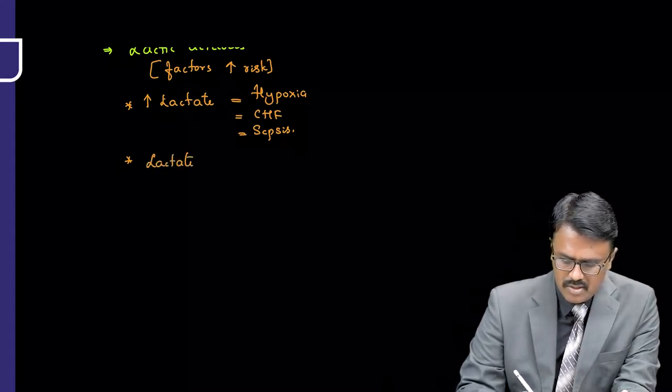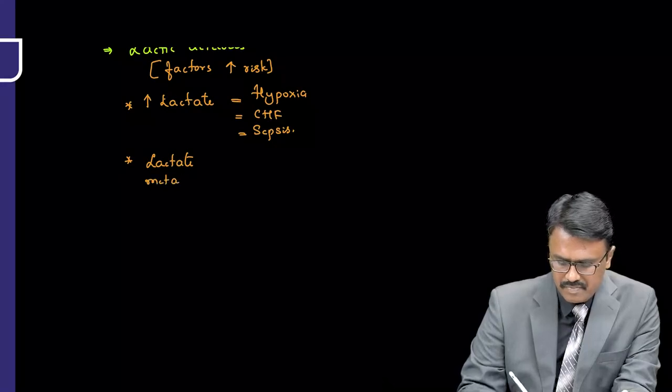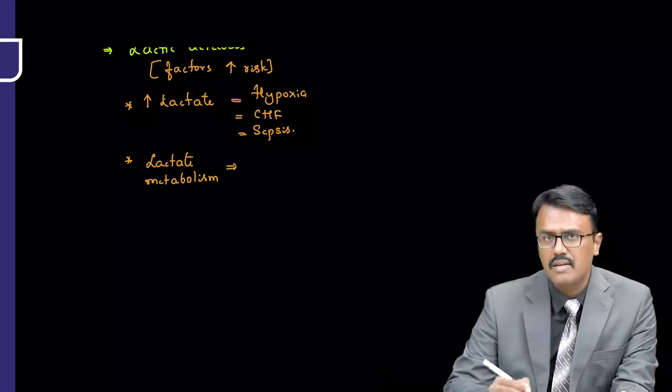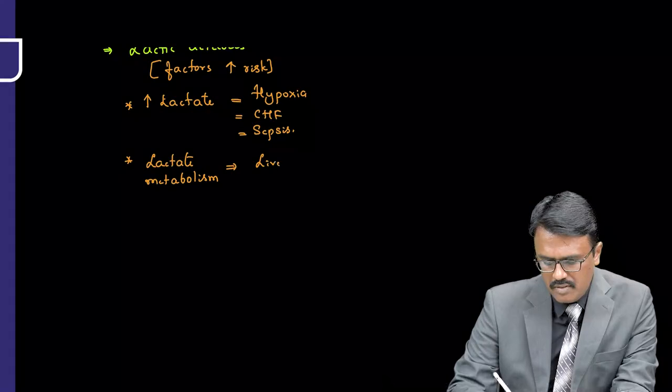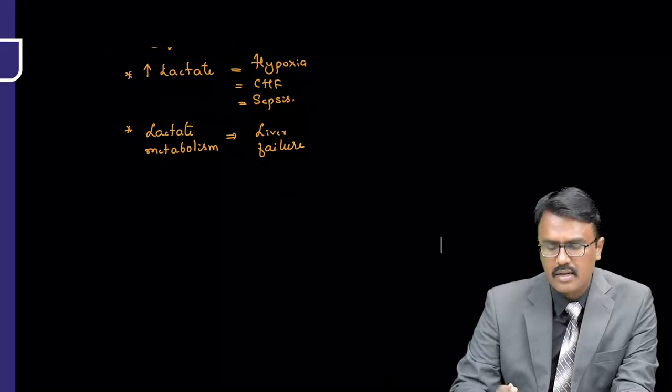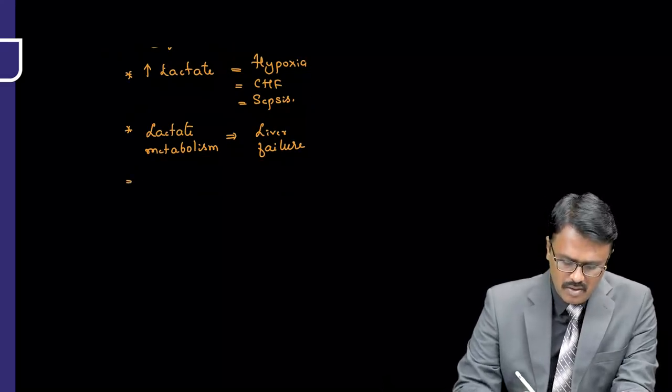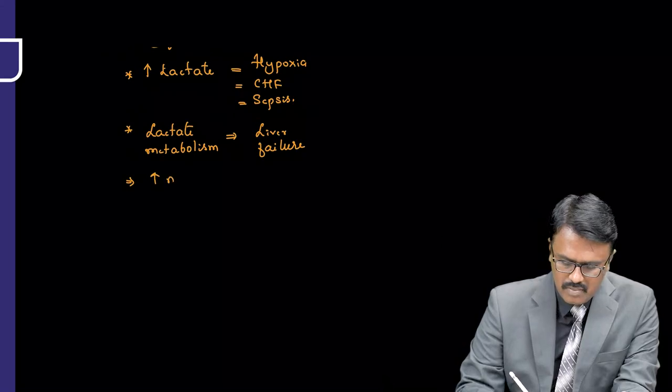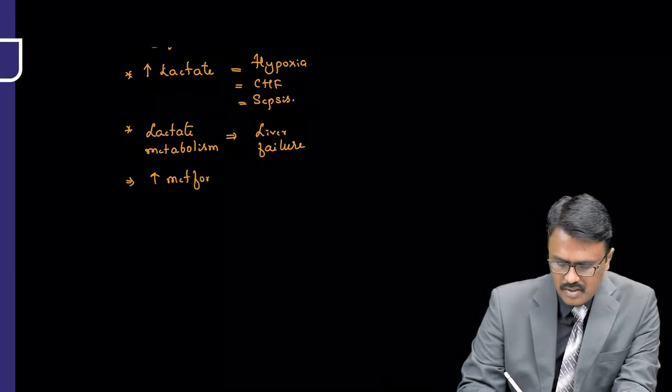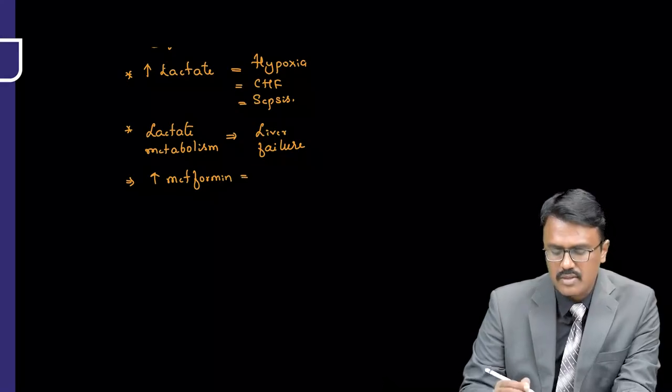Second, lactate metabolism is interfered with. Now who is going to metabolize lactate? The liver. So if there is liver failure and lactate is not handled properly, again there is lactic acidosis. Or there is an increase in metformin levels, and when the metformin level increases, the lactic acidosis increases.